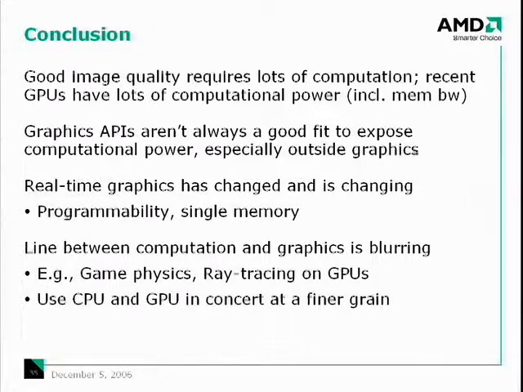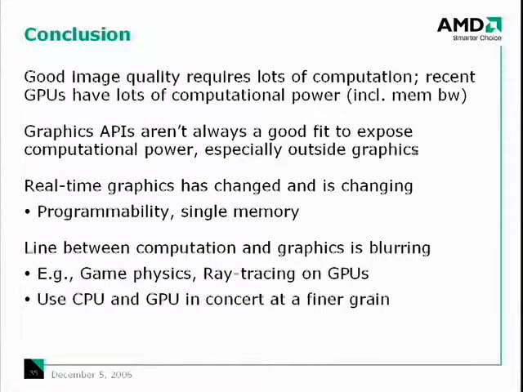You're doing some simulation to find out how water runs down a piece of glass. So what's graphical and what's not starts to become not quite so clear. And people are doing things like game physics on GPUs, ray tracing on GPUs, which is sort of the opposite way around, where you're doing graphics, but not in the way it was intended.